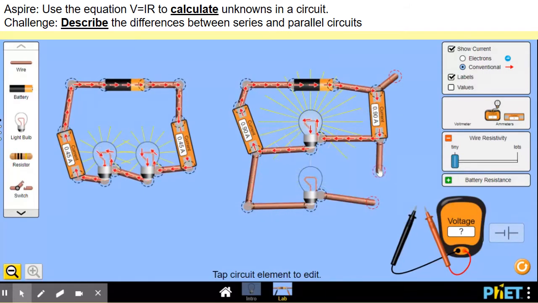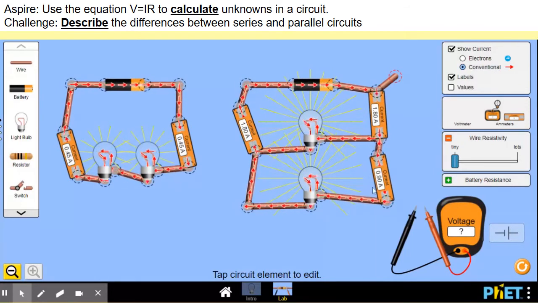Let's have a look at the current in there. Right, so now we've got 0.9. So it's less coming down this branch than we had to start with. If you look at that number, you might notice something about it. We've got 0.9 in that bottom branch and then 1.8 going in and out of the battery. So it's less. Where must the other bit have gone?